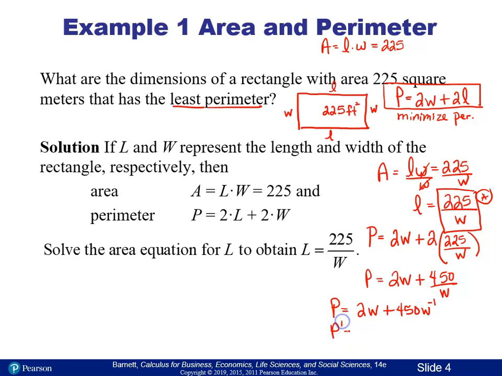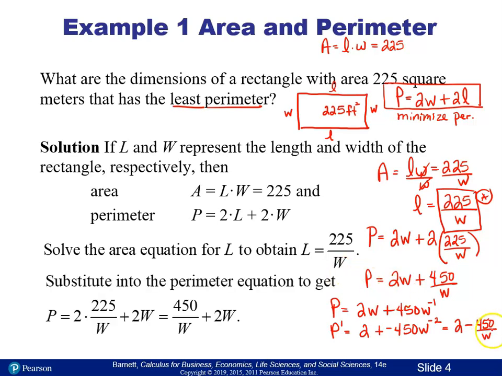So the derivative then is going to be 2 plus, remember, multiply those two together, so negative 450 W to the negative 2, because we decrease the power by 1. So we'll have 2 minus 450 over W squared.